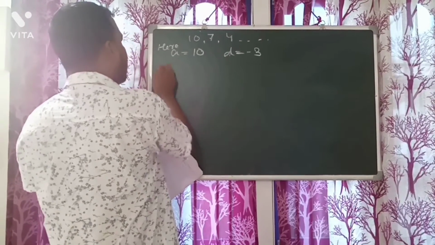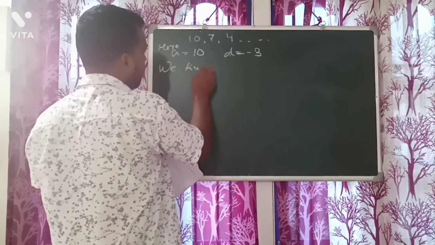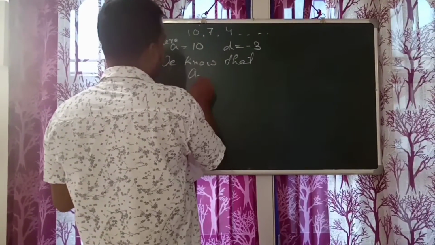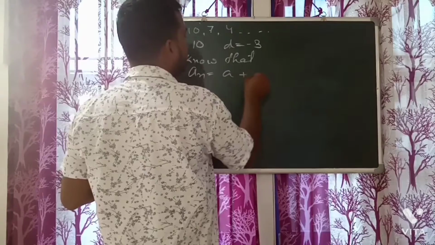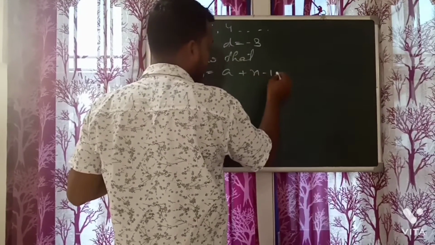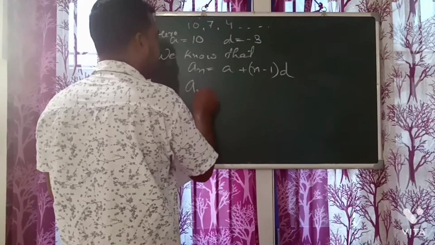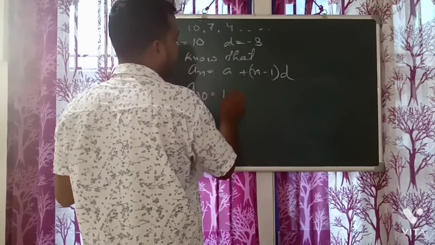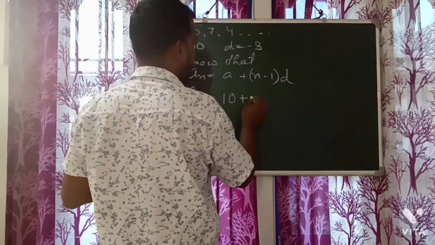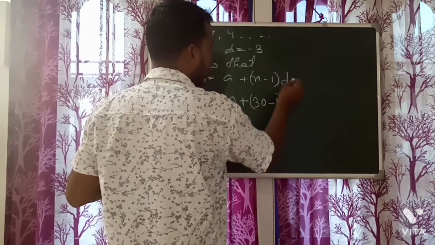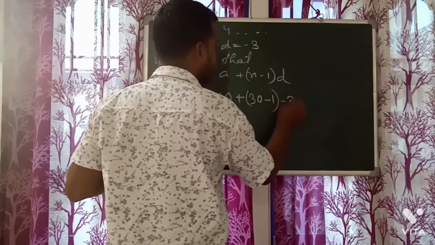Then here you have to write, we know that An is equal to A plus n minus 1 D. Now we want the 30th term: in place of A there is 10 plus, in place of n we have to find the 30th term, so 30 minus 1, and D is equal to minus 3.